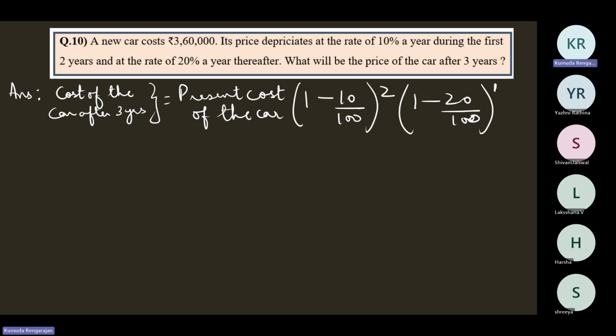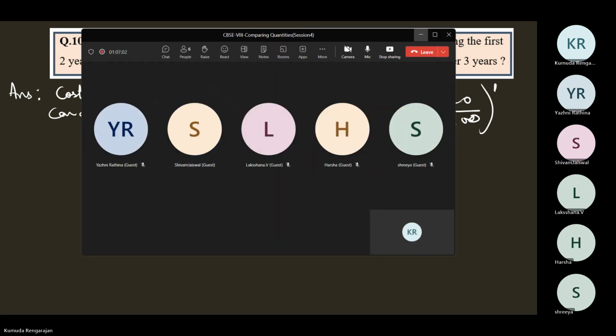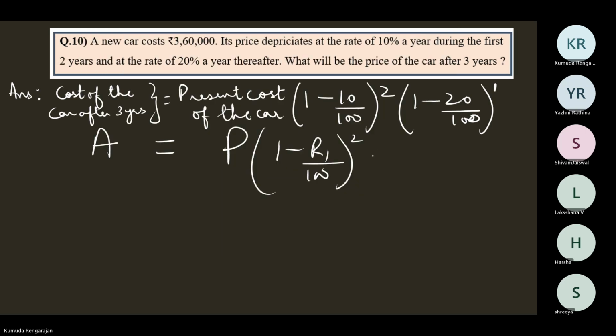So see how we write the formula. Cost of the car after 3 years. This is the amount, children. This is like the amount is equal to, this is the principal, into 1 minus R1 by 100 to the power 2, into 1 minus R2 by 100 to the power 1.